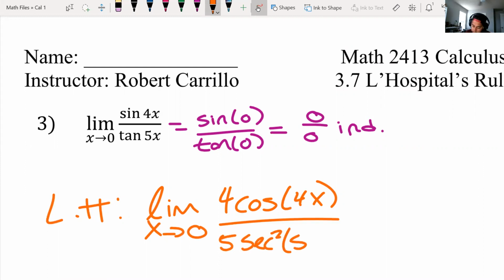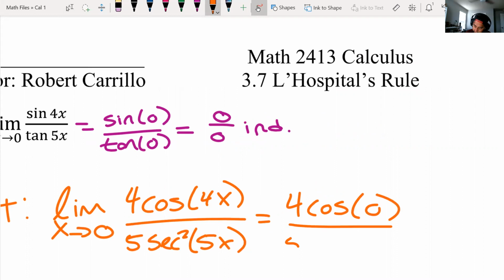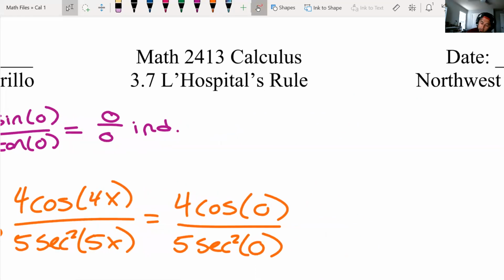Plug in 0. Let's see what happens. 4 cosine 0 over 5 secant squared 0. And cosine at 0 and secant at 0 are both what value? 1. So our answer is just 4/5.